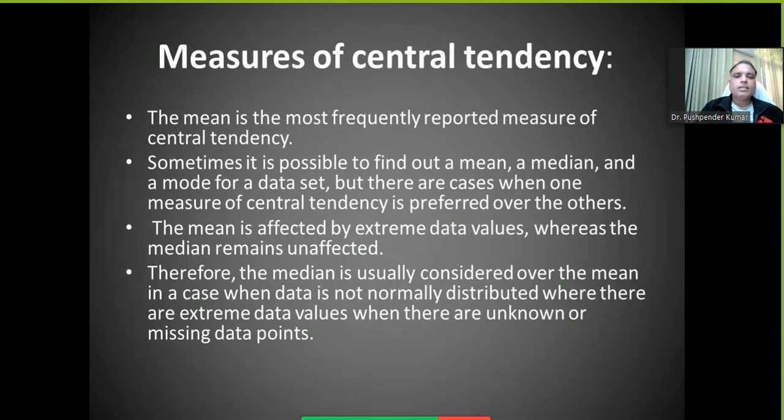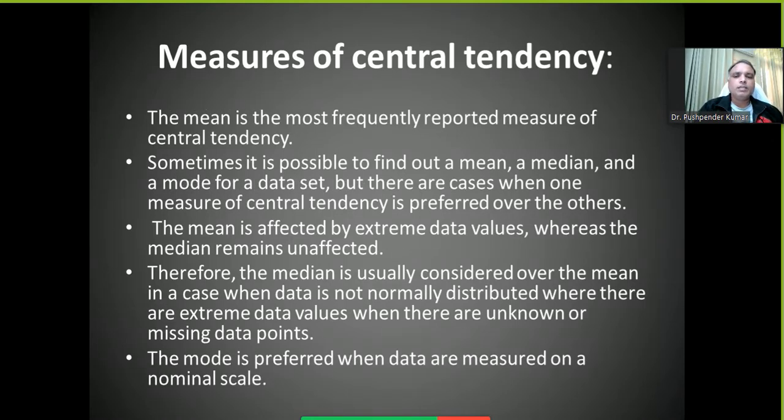Therefore, the median is usually considered over the mean in cases where data is not normally distributed, where there are extreme data values, or when there are unknown or missing data points. Now you understand where we need to use mean and where we need to use median. The mode is preferred when the data are measured on a nominal scale.